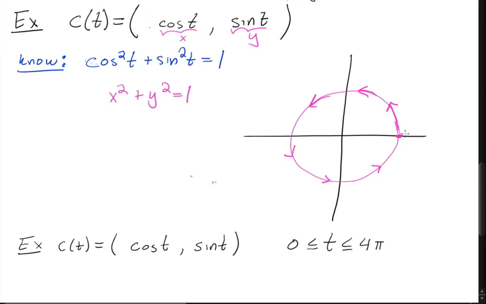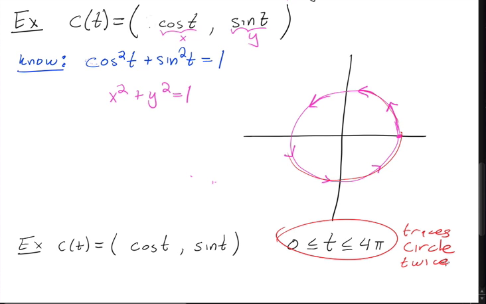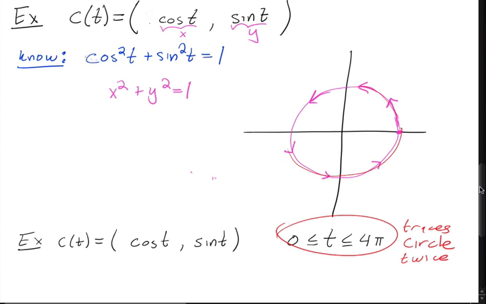When t goes from 0 to 2 pi, that's 1 revolution. When t goes to 4 pi, then it's retracing. So this traces the circle exactly 2 times. So the picture looks exactly the same, but you're going around twice. This is important later on when we're going to be doing calculus stuff.